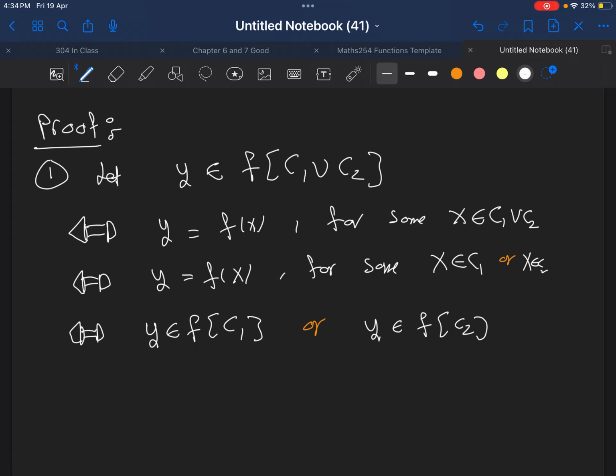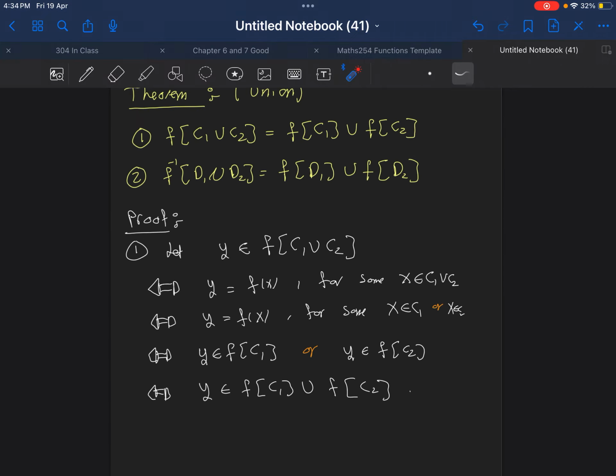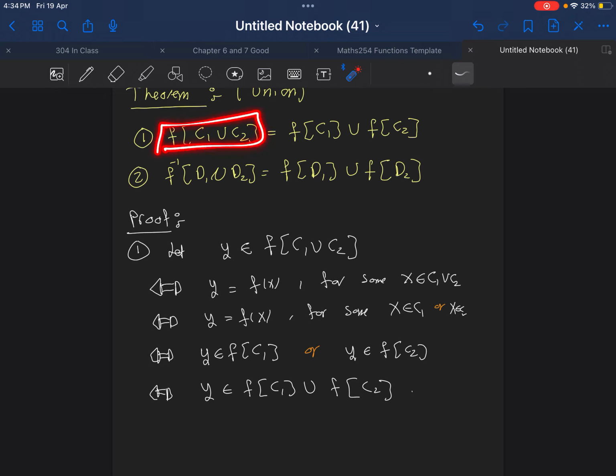So I'm having two options and I'm open-minded to do both options. This is what I will get, and that means that y is in f of C1 union f of C2. Again, we did the two steps together. I take something here and I show it is here, and if I do the steps backward, I will take something here and I will show it is here.